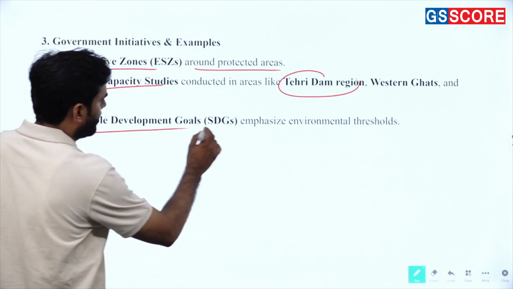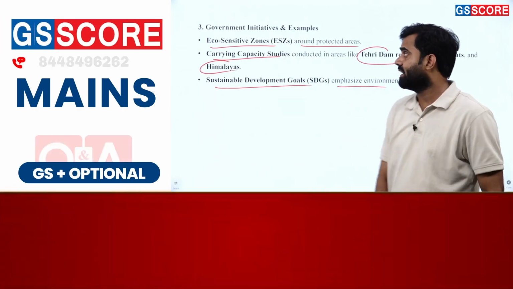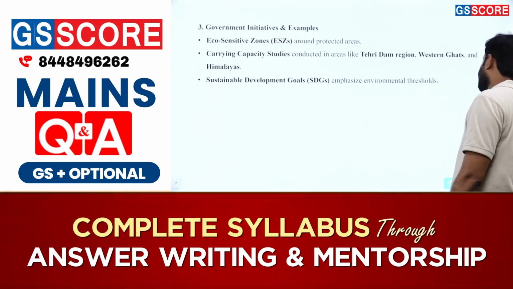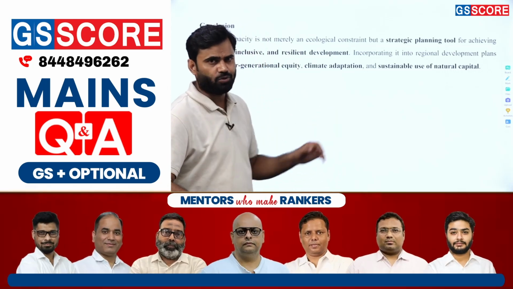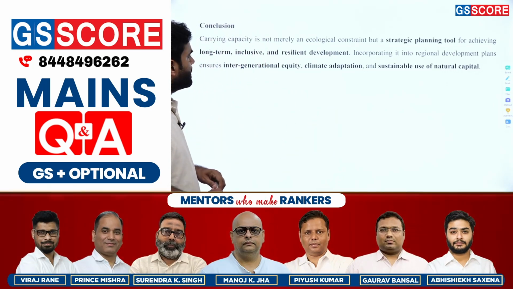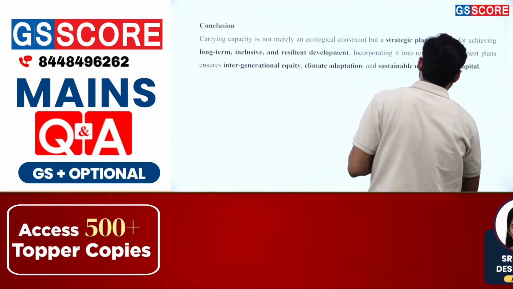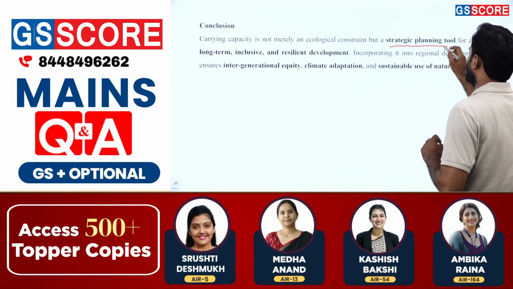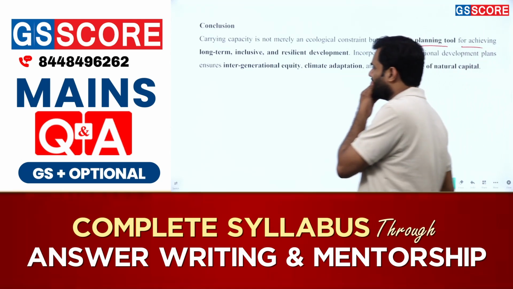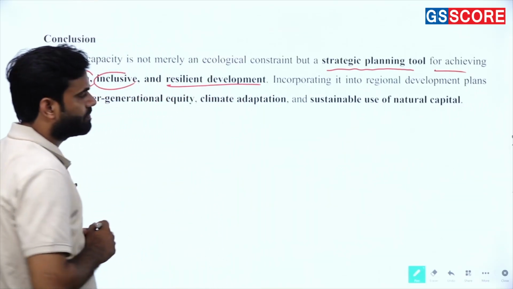Next, Sustainable Development Goals emphasize environmental thresholds. Basic चीजें थी जो मैंने ऐड की हैं. These all are the basic information. नाउ लेट्स मूव टुवर्ड द कंक्लूजन। बहुत प्यारा क्वेश्चन था ये। Carrying capacity is not merely an ecological constraint, but a strategic planning tool for achieving long-term inclusive and resilient development.